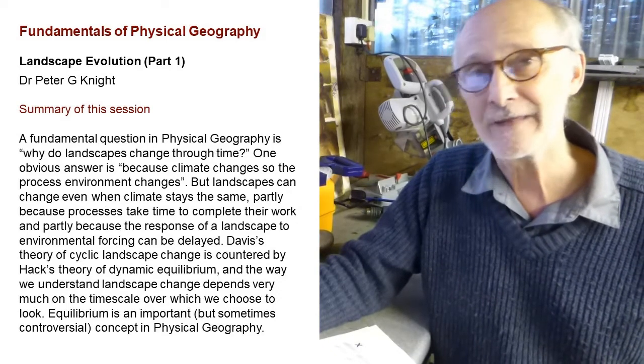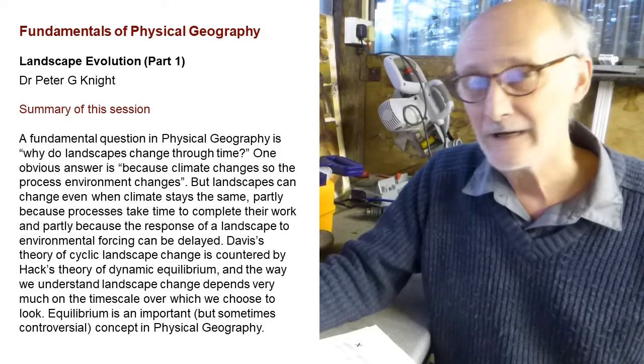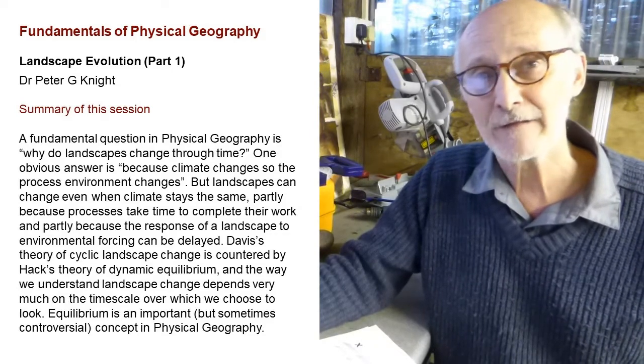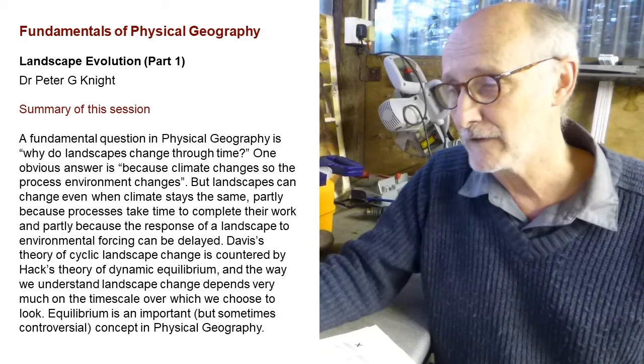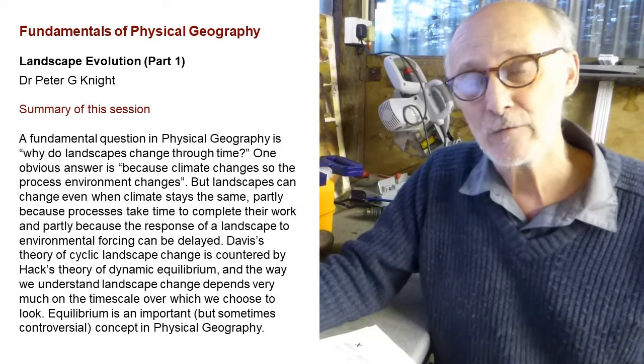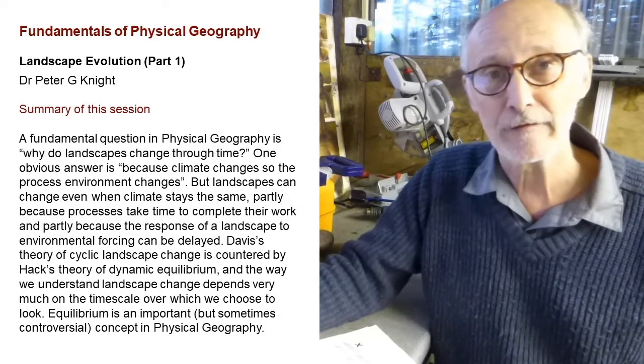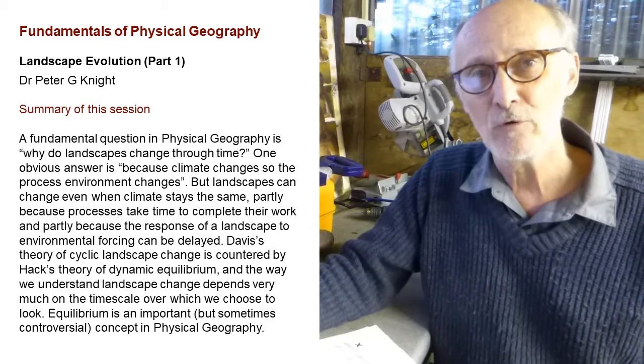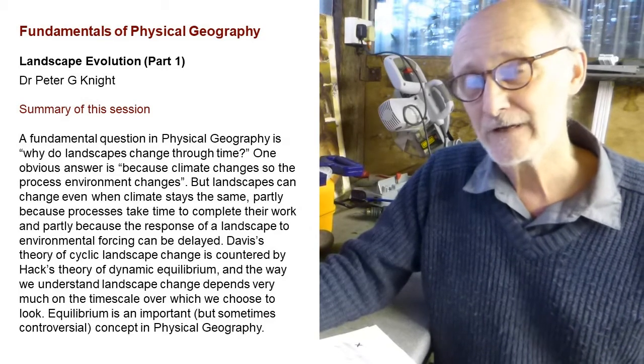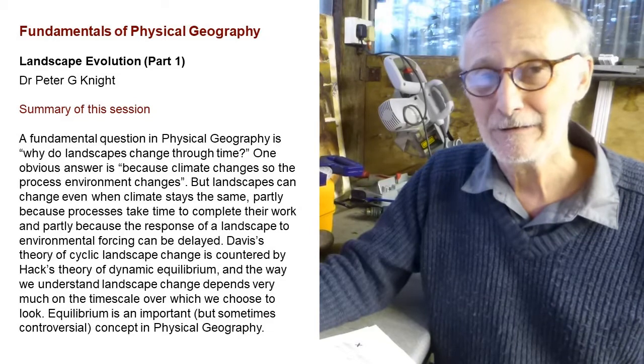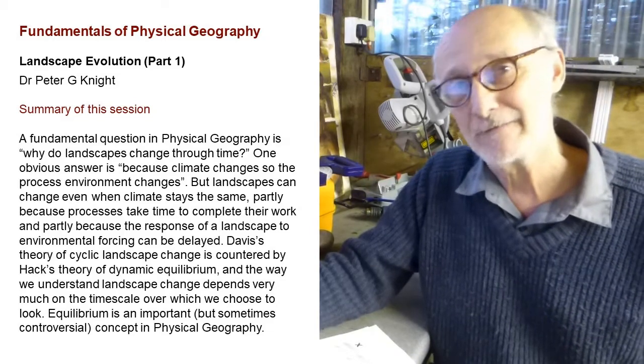We're going to revisit that today, and compare it with another theory of how landscape change can occur over the course of time. In doing so, we're going to encounter some new concepts, for example, the idea of geomorphic equilibrium, and we're going to try and embed that in our understanding of landforms and landscapes, environmental change, and the way that landforms and landscapes develop over the course of time.